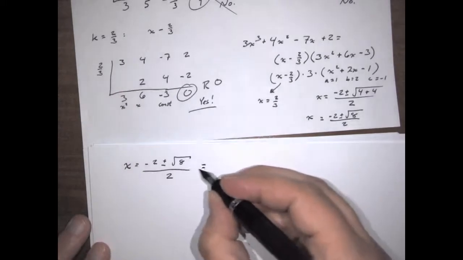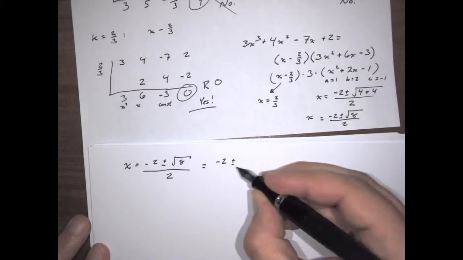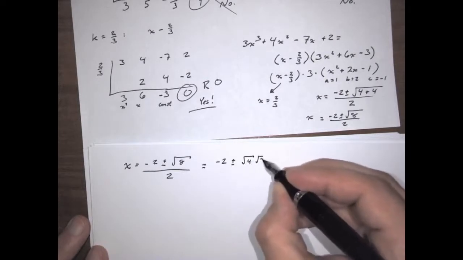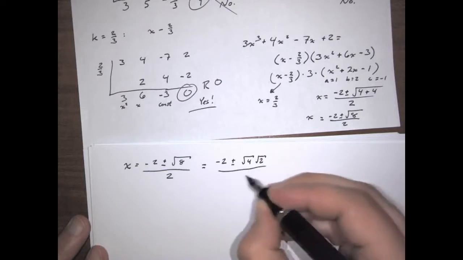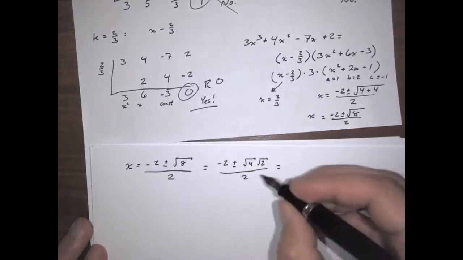So this is what we're going to try to simplify. But 8, we can break that up into 2 times 4. So it's going to be negative 2 plus minus the square root of 4, square root of 2, over 2. But actually, I know what the square root of 4 is.